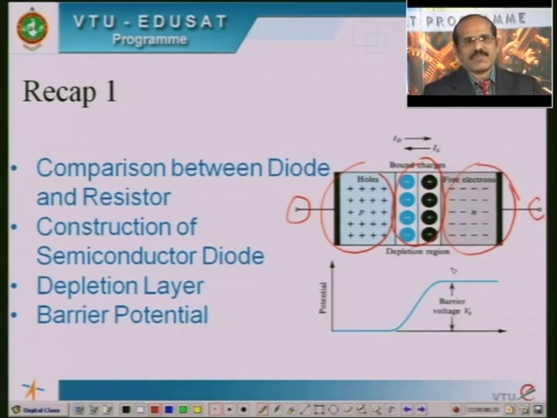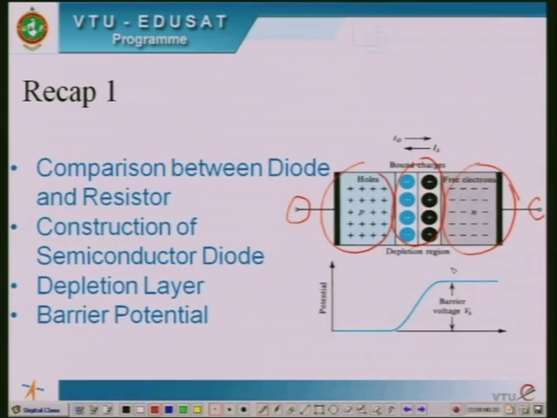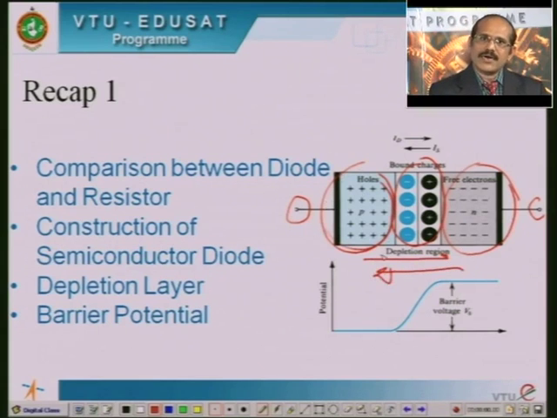Also we discussed how the depletion layer is formed when there is no battery connection. Under no bias conditions, the holes will move from the P-type to the N-type, whereas the electrons will move from the N-type to the P-type.